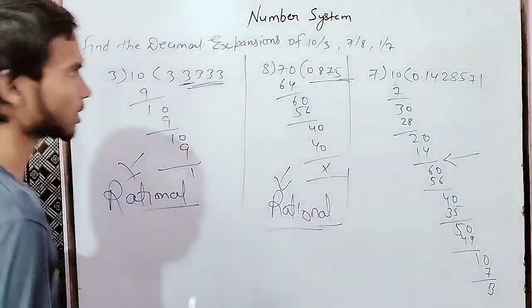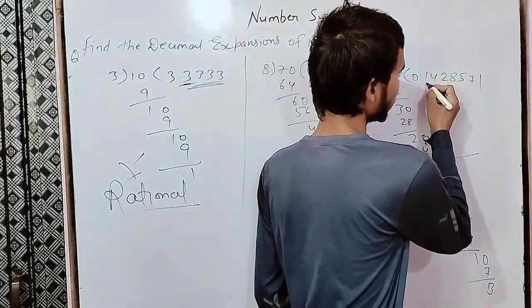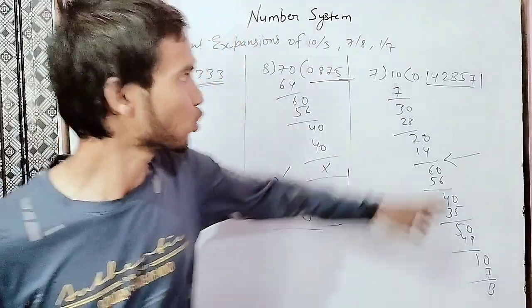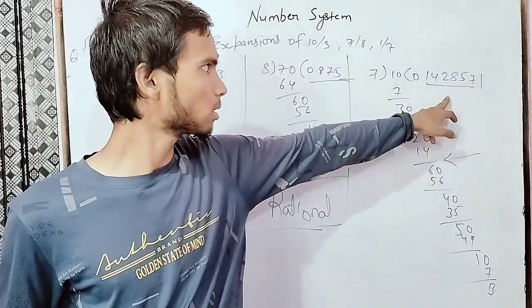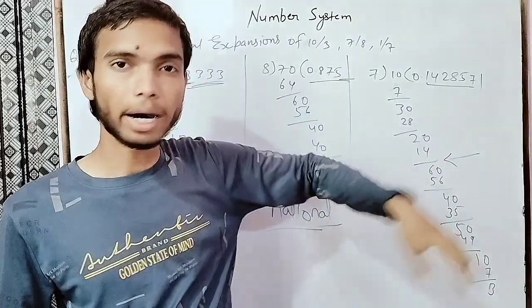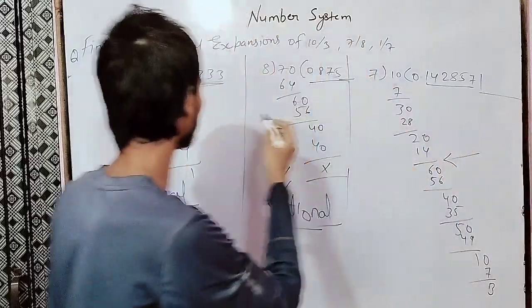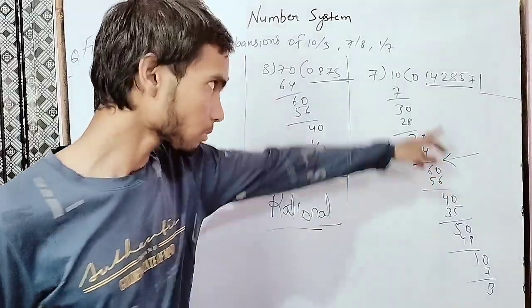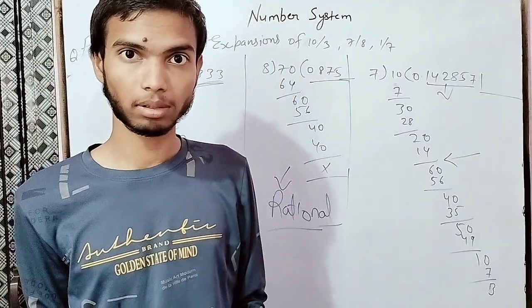Now, what else here? Here you can see these are groups. This is a group, and the numbers in this group are repeating again. But here in this one only one number was repeating, whereas here a group of numbers is repeating.